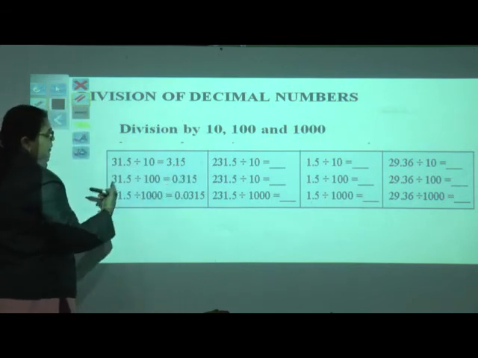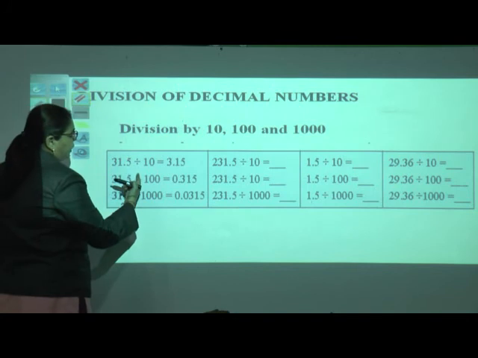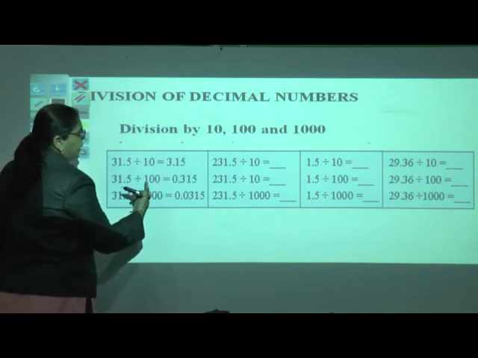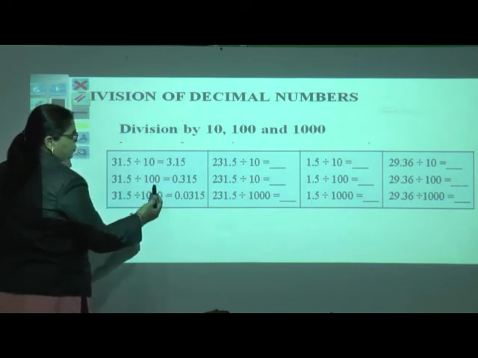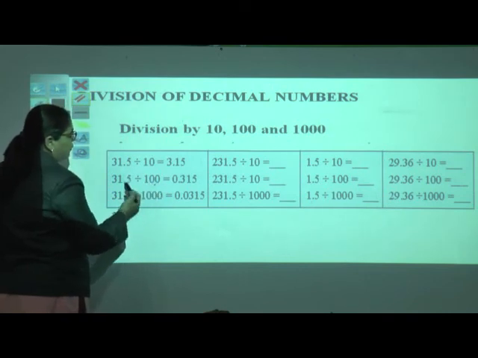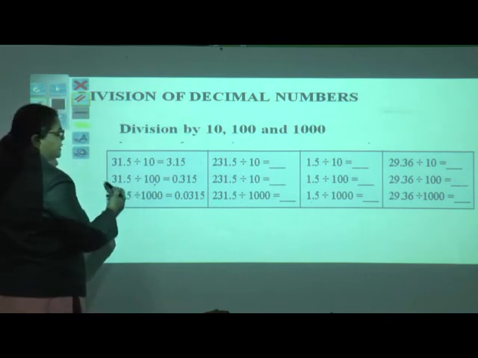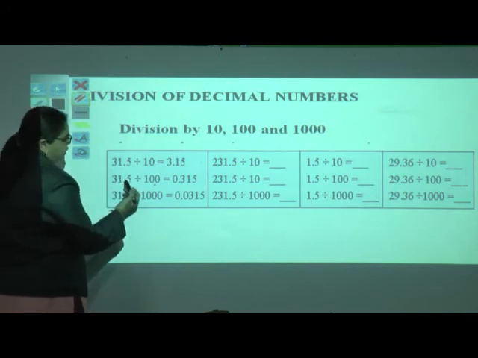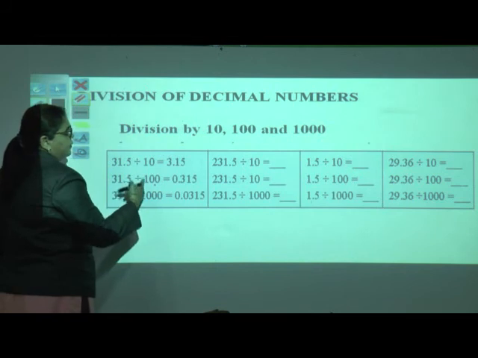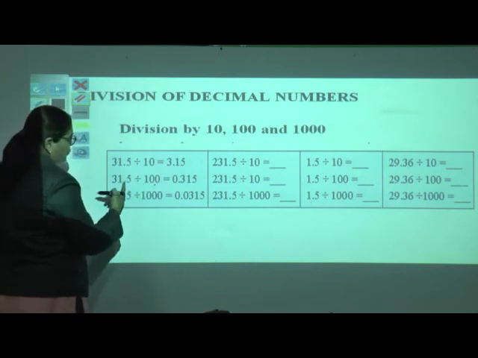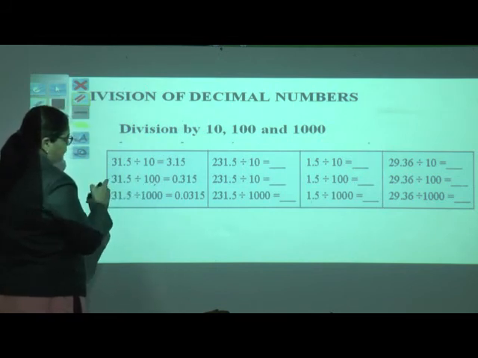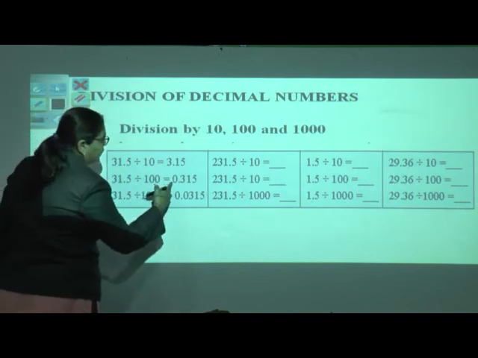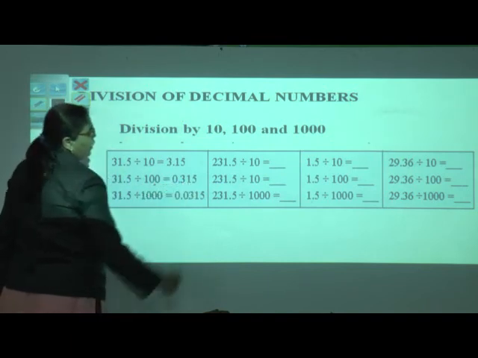We will see another one: 31.5 divided by 100. In 100 we have 2 zeros, so the decimal will shift 2 digits backward, that is to the left-hand side, because it is a division. So with 2 zeros, after 2 digits we have to give the decimal, so it is 0.315.